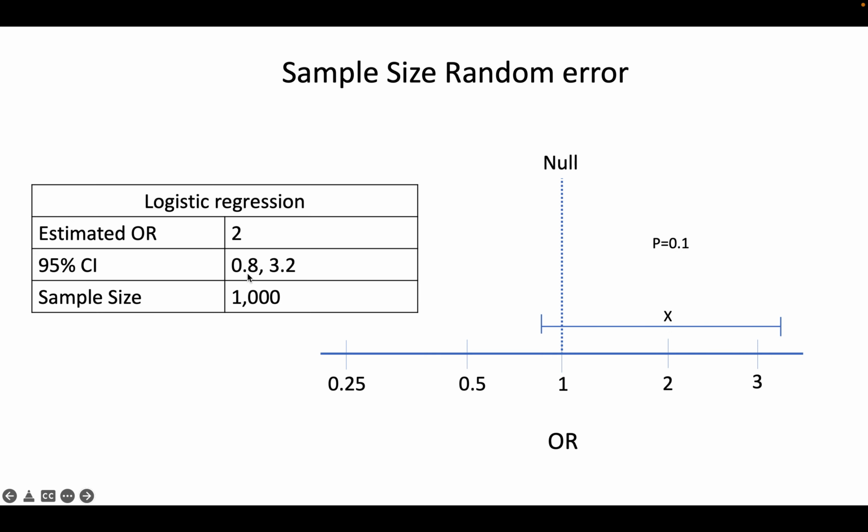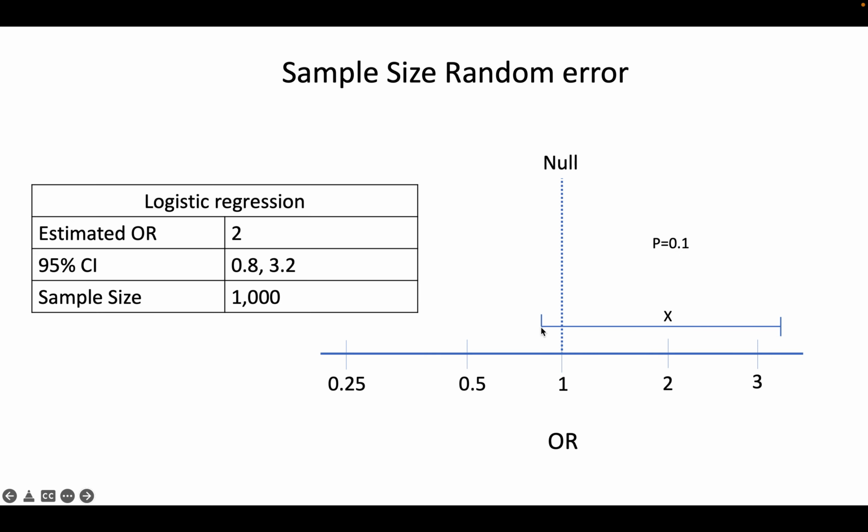So 2 plus or minus some value, and this interval encompasses the null. We found an estimated value of 2, and we're 95% confident that the true value is somewhere in this interval.